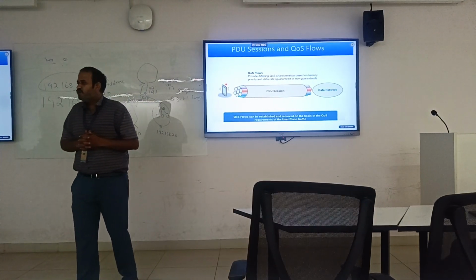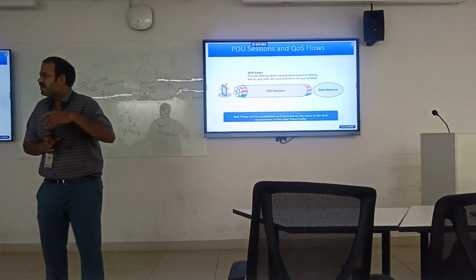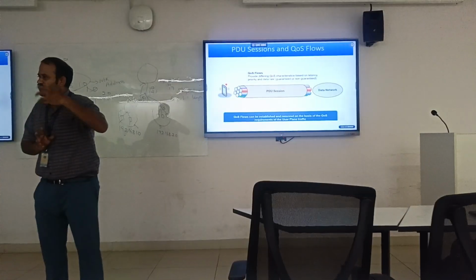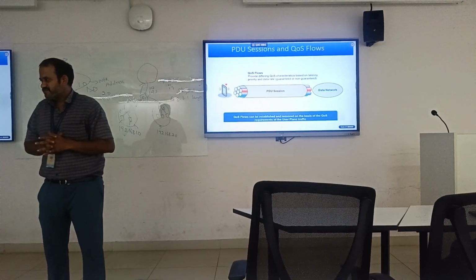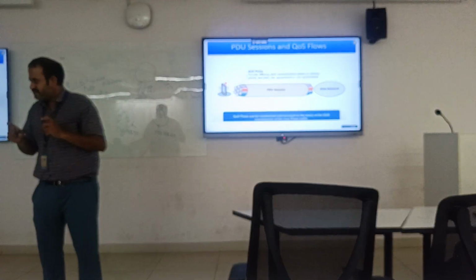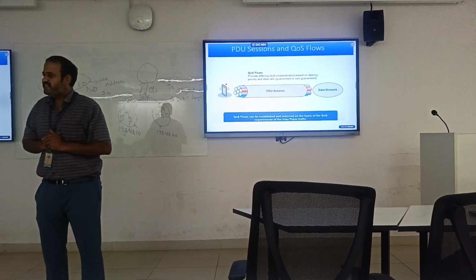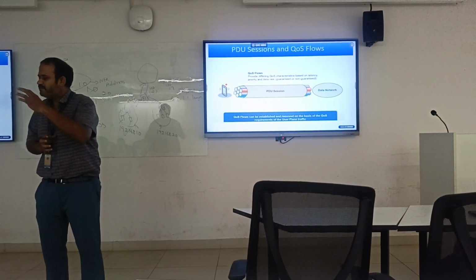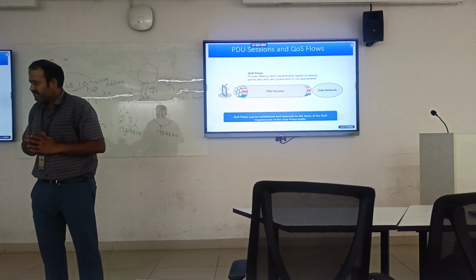Suppose I don't want to get disconnected from the connection because I am doing live streaming or any live audio conferencing. So what I need is the guaranteed bit rate. Guaranteed bit rate means, suppose I am giving 100 Mbps, which flows from your user to the external network.